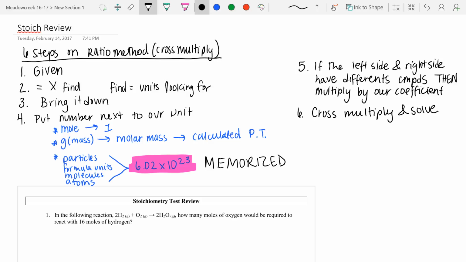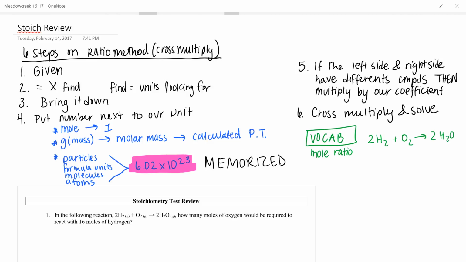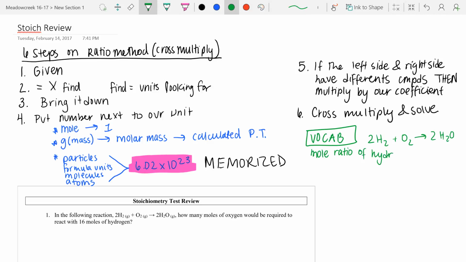January. Now, a few key vocabulary words that I want you to pay attention to is, one, you want to know about mole ratios. Okay, mole ratio is if I have a balanced chemical equation, for example, 2H2 plus O2 produces 2 moles of water, and I want the mole ratio of hydrogen to oxygen, I would say that I have 2 moles of hydrogen over 1 mole of oxygen.